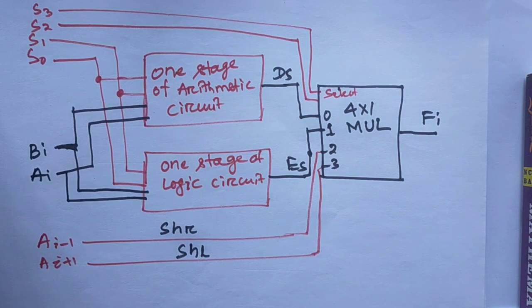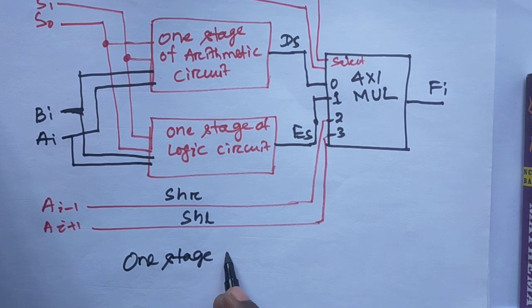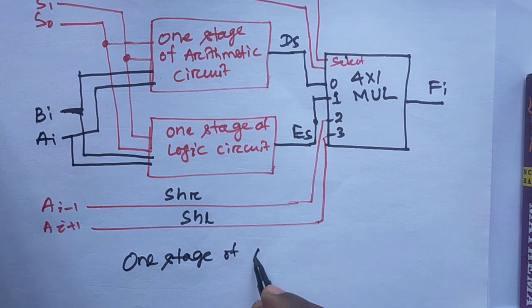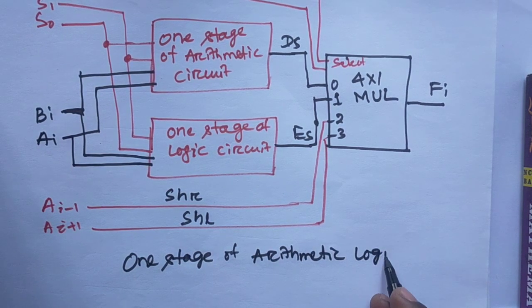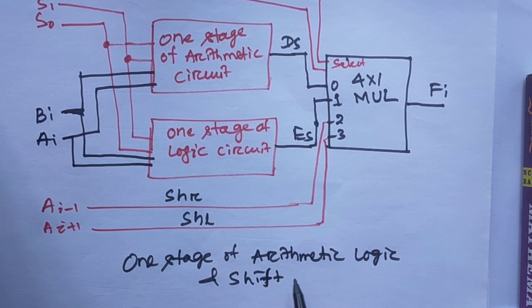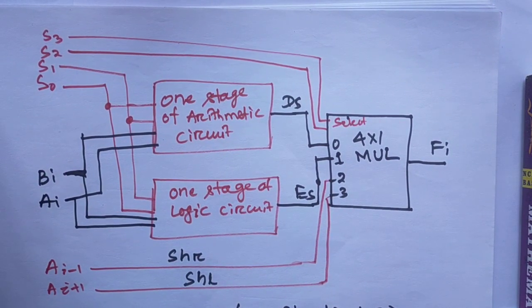That Fi we can get from this single stage arithmetic logic unit. We can tell this total stage is one stage of arithmetic, logic and shift. Okay, this component is defined in this very simple way.